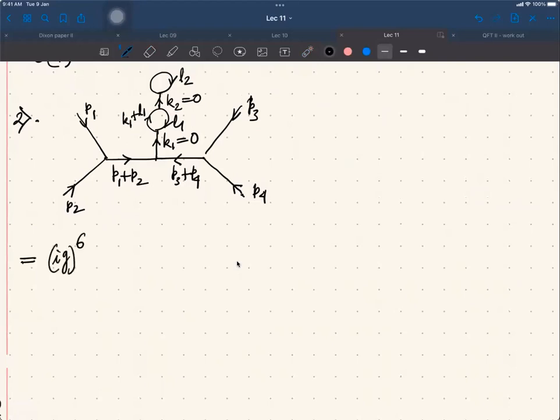And then let me introduce a new notation, P of P1, P2, P3, P4, where P of P, Q, L, and so on is nothing but the product of the corresponding propagators.